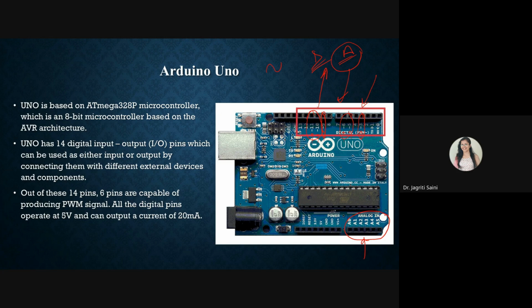So for instance, if someone gives you a task like you have to work on the brightness levels of an LED. That is one task. And the second task is you have to turn an LED on and off. These are two different things. When I talk about on and off, the LED is first an output device. When I ask you to do on and off, that means a digital operation.